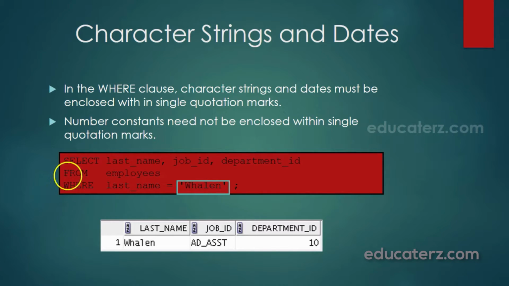Look at this example. Select last name, job ID, department ID from employees table where last name is equal to 'Whalen'. So the result is shown here. The last name, job ID and department ID are the column names, and this is the first row. Only one row is returned by this query.